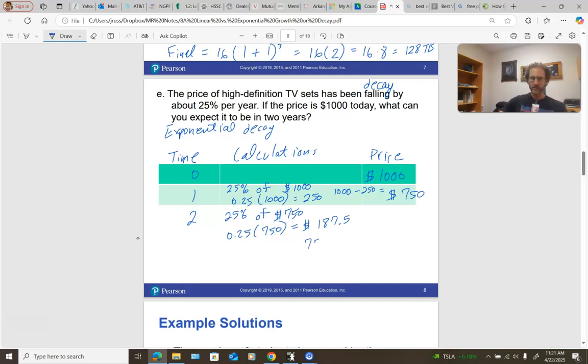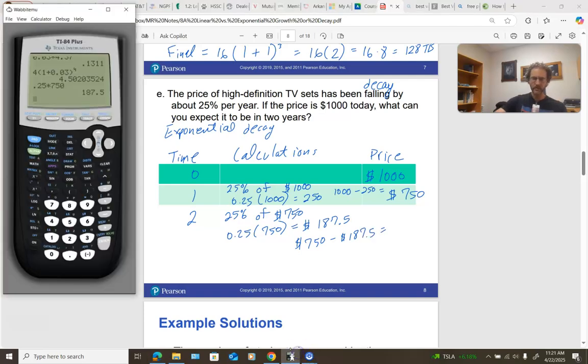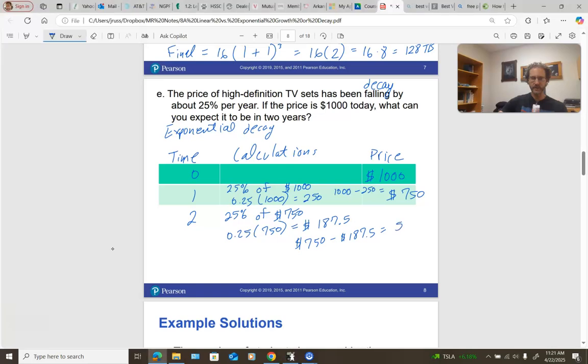So the old price, which is $750, minus the amount by which it will fall, will leave us with $562.50. So that's what the price will be after 2 years for these television sets.